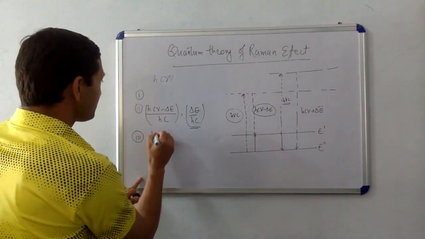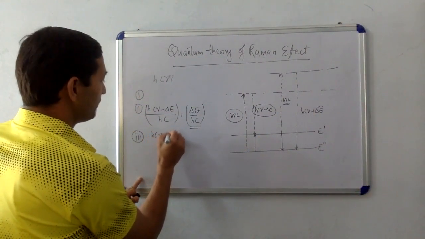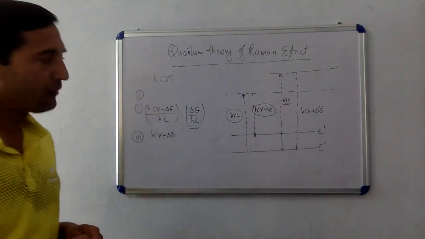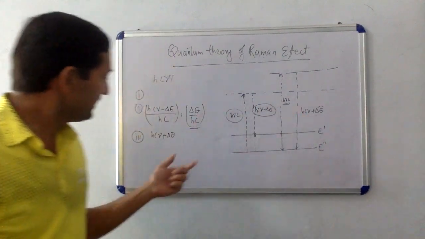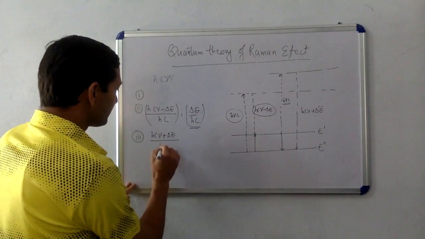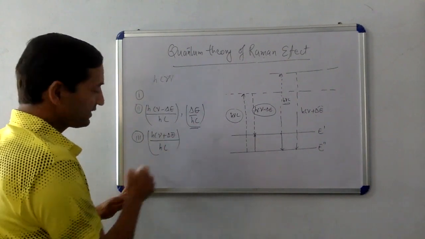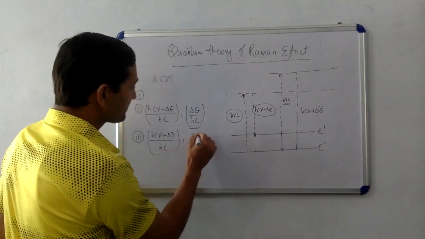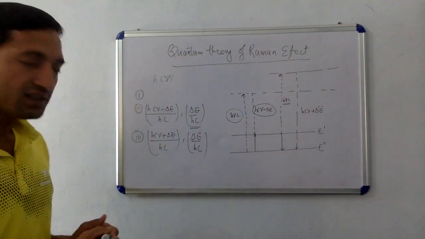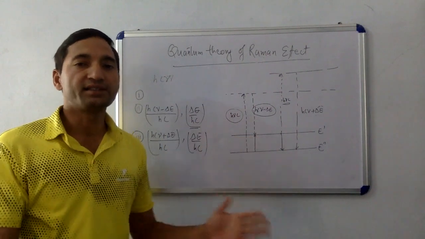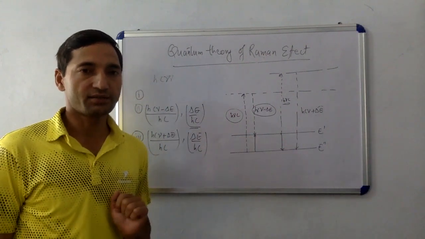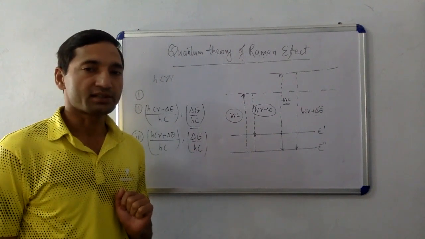So hc nu plus delta E means that after the scattering, the photon is gaining that energy delta E. Once I calculate the wave number corresponding to it, the total shift is again delta E divided by hc. Now your scattered photon has higher energy, and these are the anti-Stokes lines for the Raman spectrum.